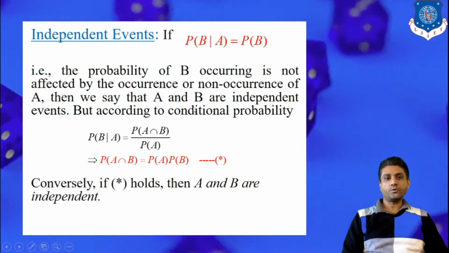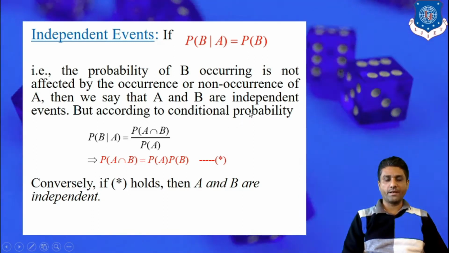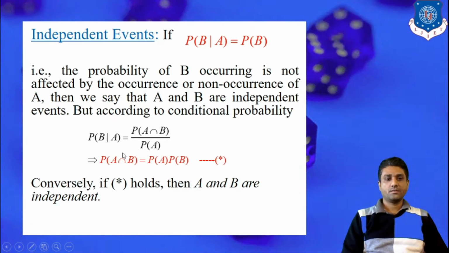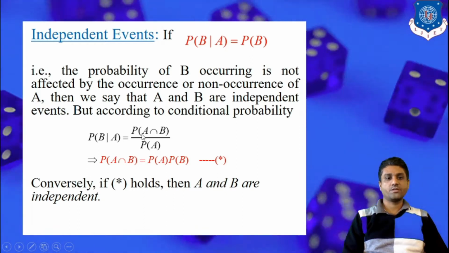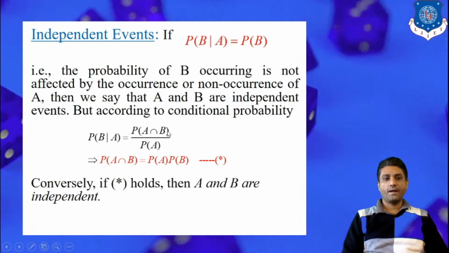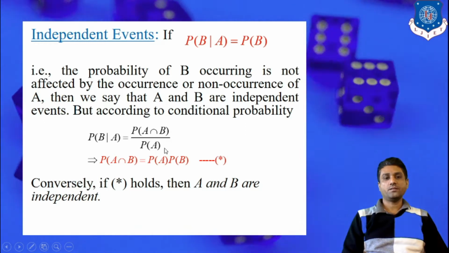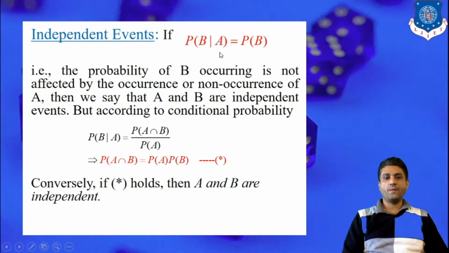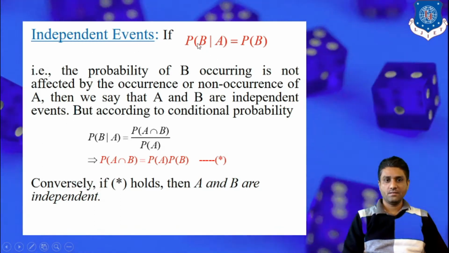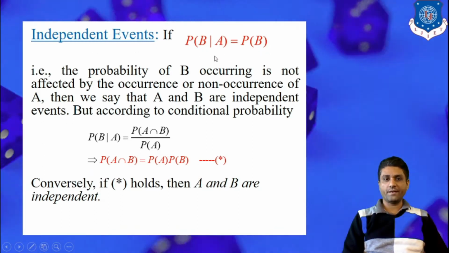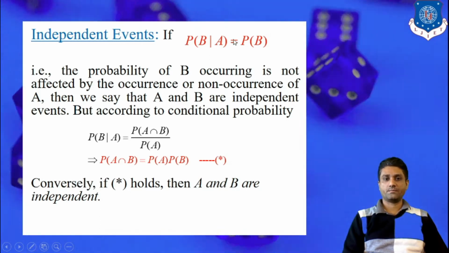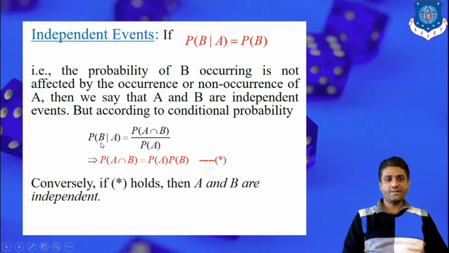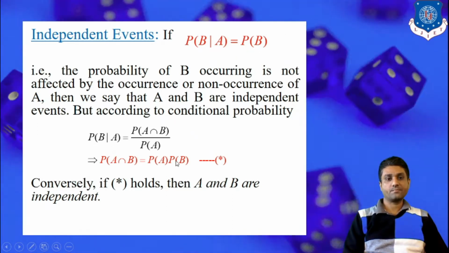But according to the definition of conditional probability, the probability of B given A is equal to probability of A intersection B upon the probability of A. But if the random experiments A and B are independent, then probability of B given A is represented by probability of B. So by using this formulation, the left hand side term is replaced by probability of B.